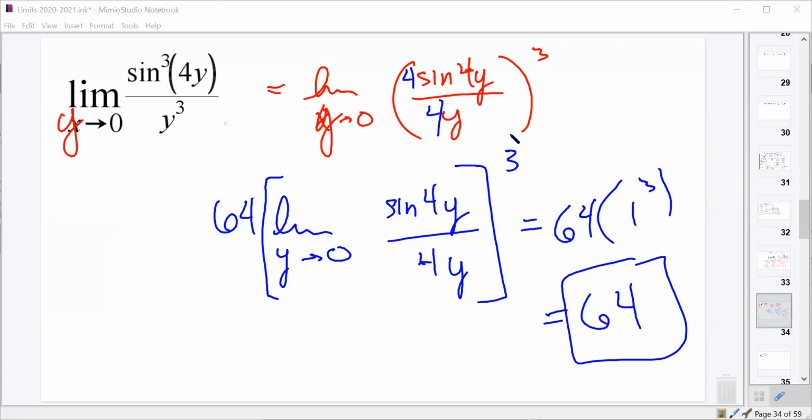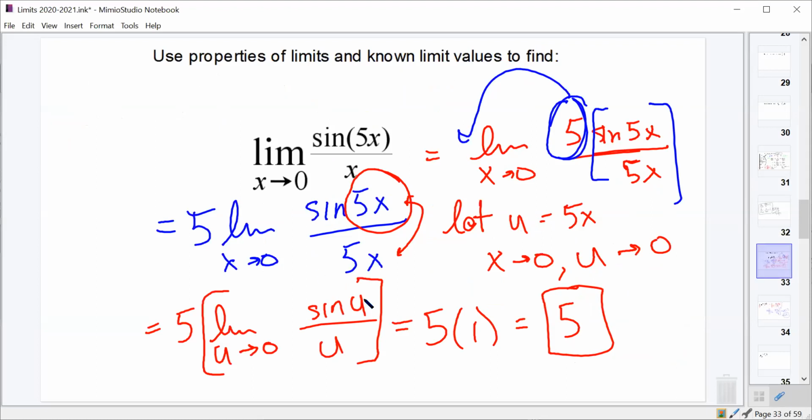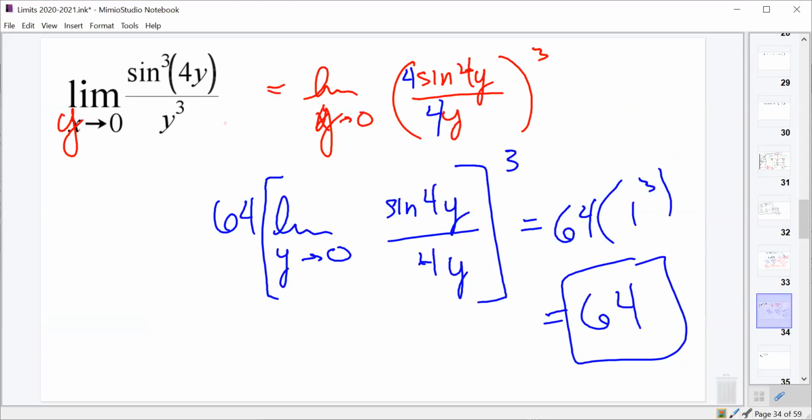And Priya, you asked something also, how you want to go over which part inside the bracket simplifies to 1? Yeah, so it's the same idea of what we did here, right? We had the sine 5x over 5x and we let u equal 5x. If we wanted to, since we've got sine 4y over 4y, we could use u, but why not use x?